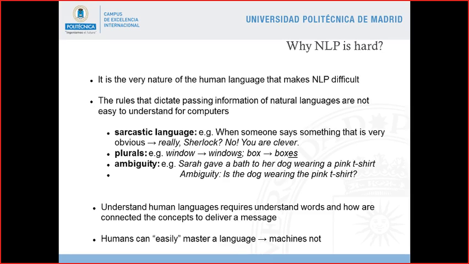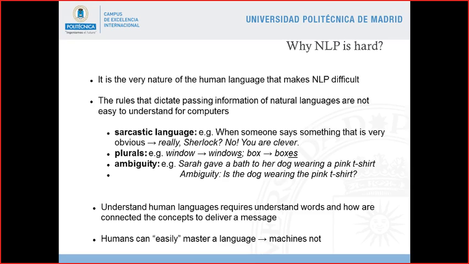If you are talking with another person and this person says something sarcastic, you infer this sarcasm from the pose or the tone of how he or she talks to you. But a machine doesn't have this extra information, so it's really hard for a machine to detect this sarcasm.